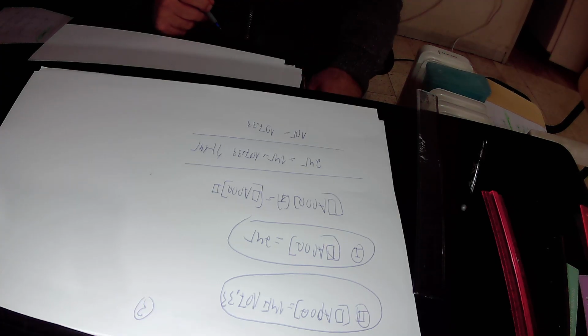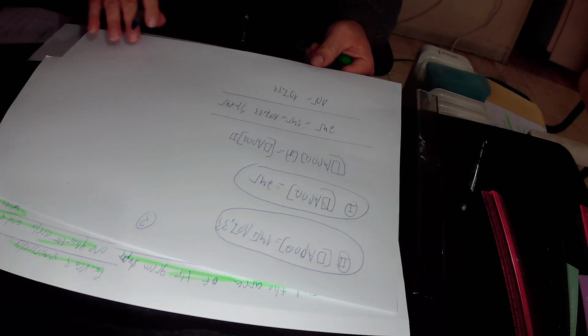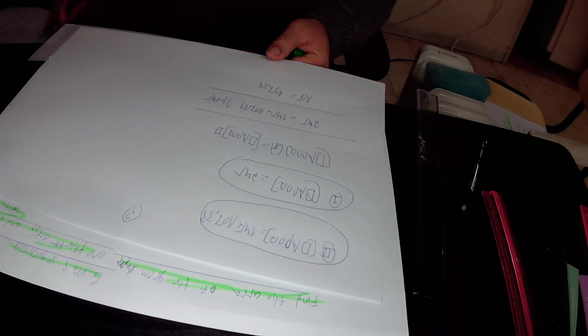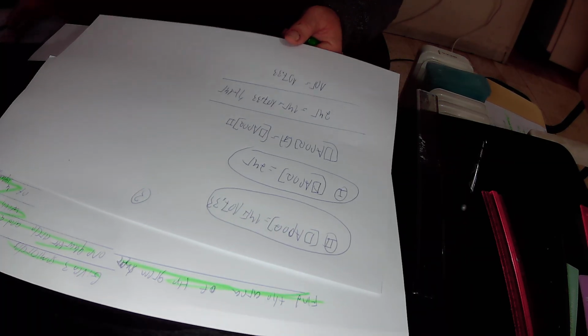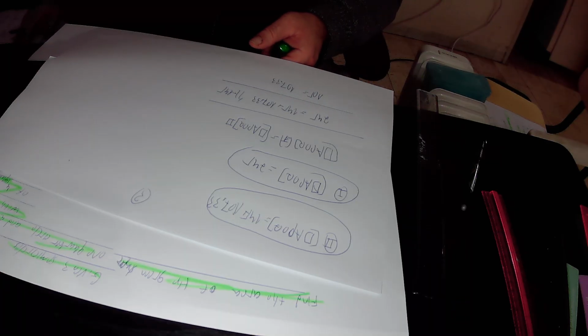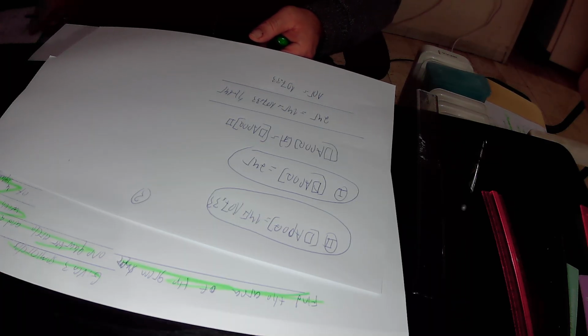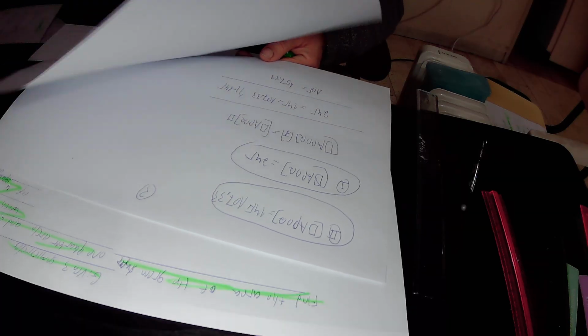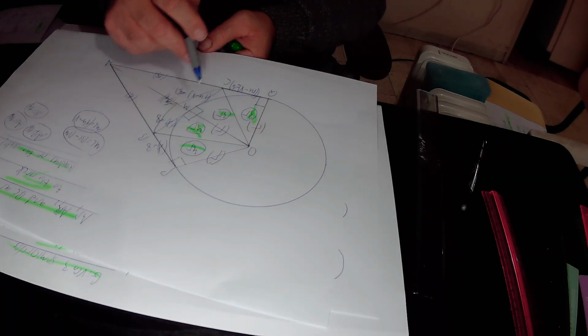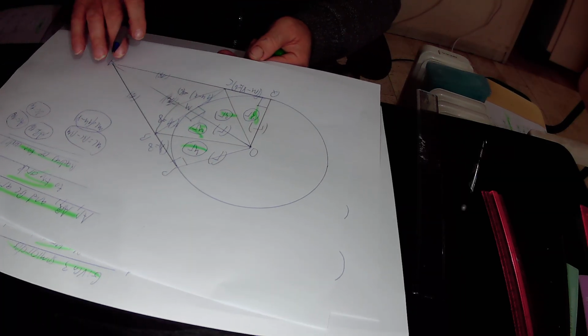R is the radius of this circle. That is the radius that we're looking for in this question.